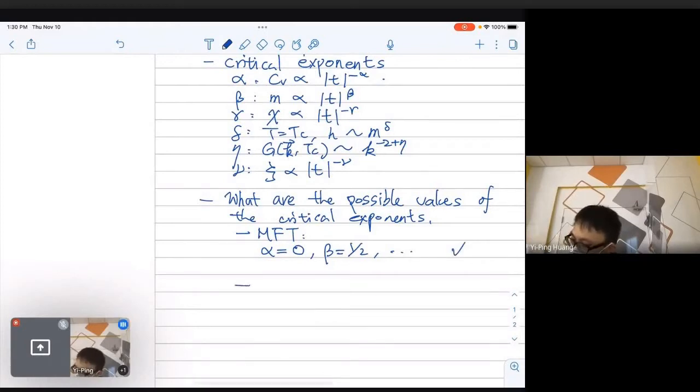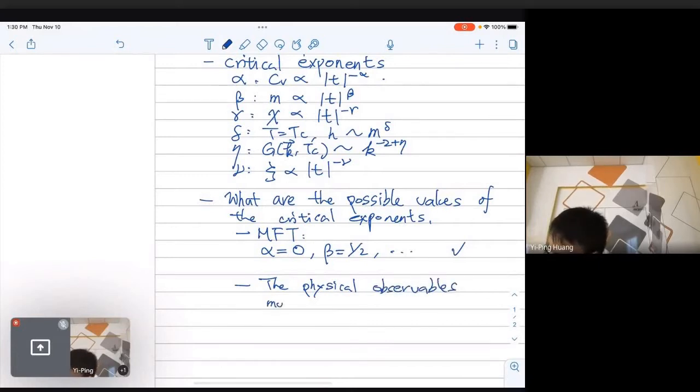Then we said that maybe we can think about the problem from a different perspective, from very simple dimension analysis, because we know physical quantities have to have the right units. Let me write down: physical observables must have the right unit.